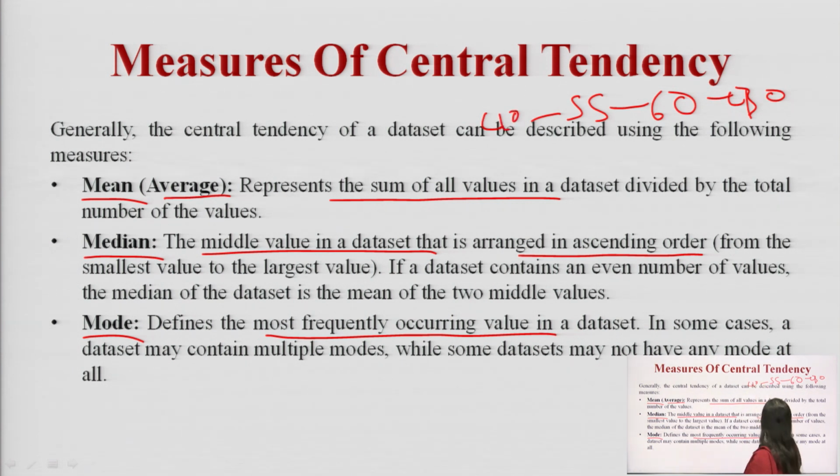But in the mode, suppose out of 100 students the maximum number of students get 60 marks. So, that is our mode, meaning whatever value comes most frequently, while the median is the middle value, meaning from that point there is an equal distribution on both sides. On both sides there is an equal number of responses or observations.